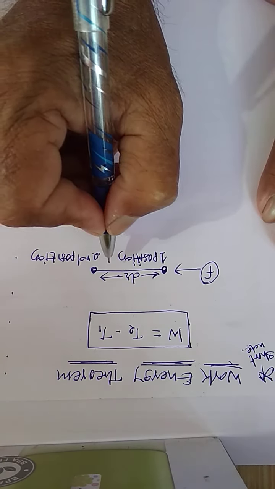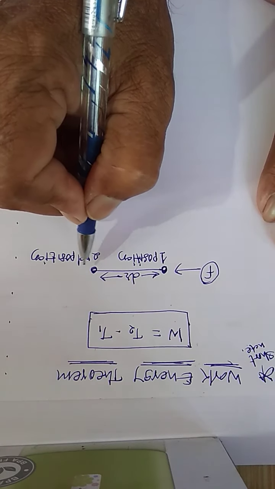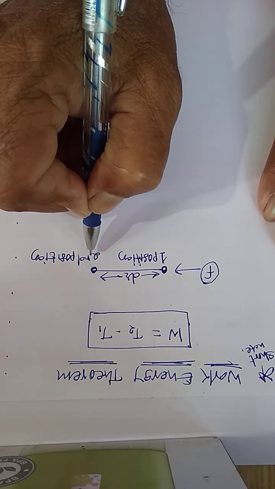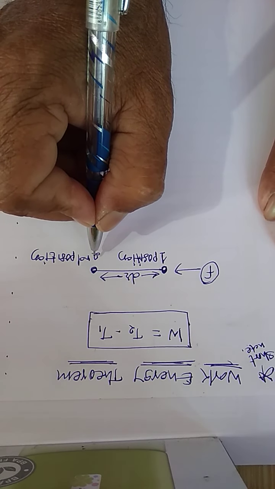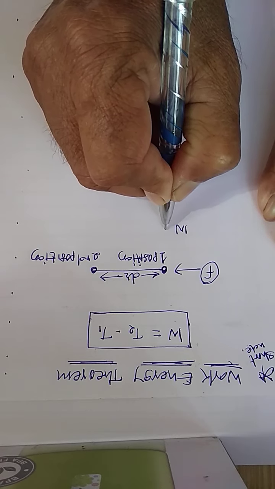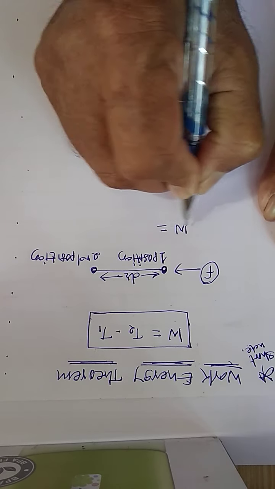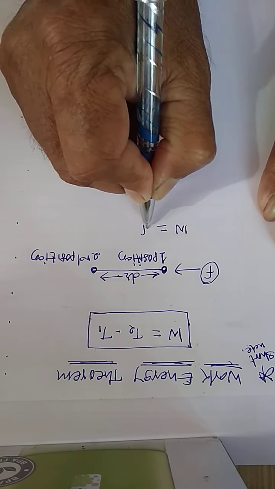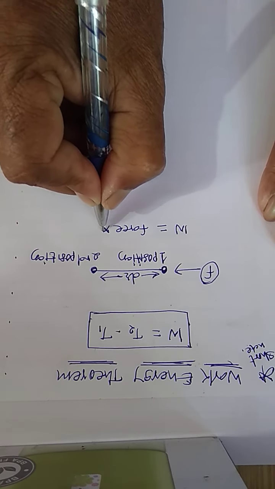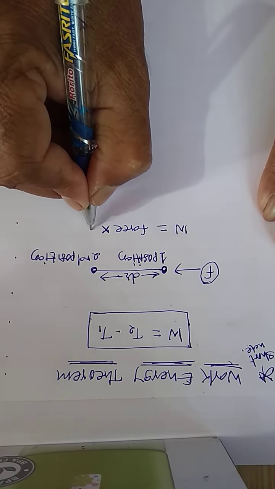If the particle is displaced from the initial position to the final position, then work is done. This work done is W equal to the product of force and its displacement.